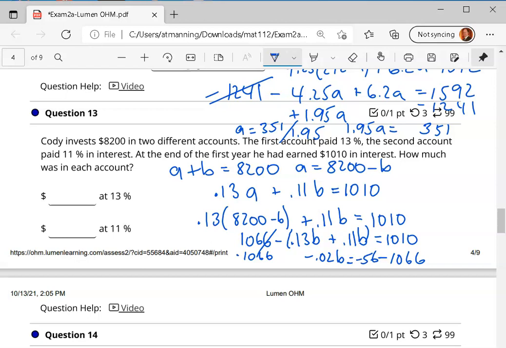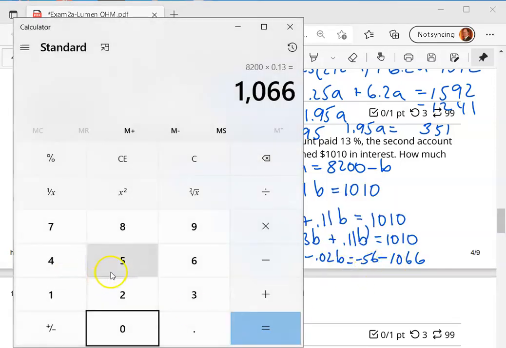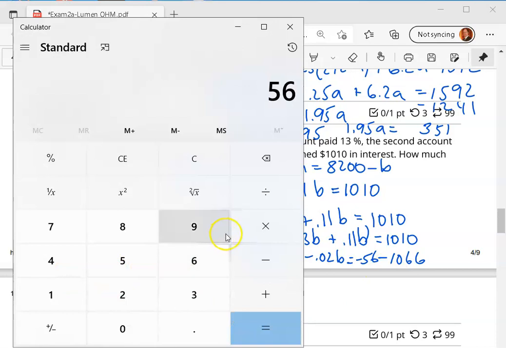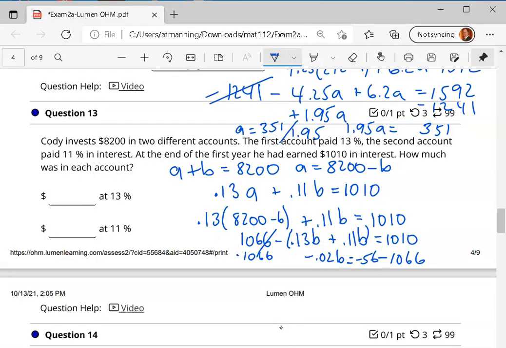Well, b equals minus 56 over 0.02, or 56 divided by 0.02 equals 2800. So I know B is 2800 from this right here. So B equals 2800.